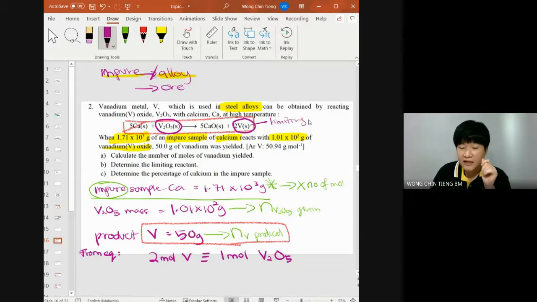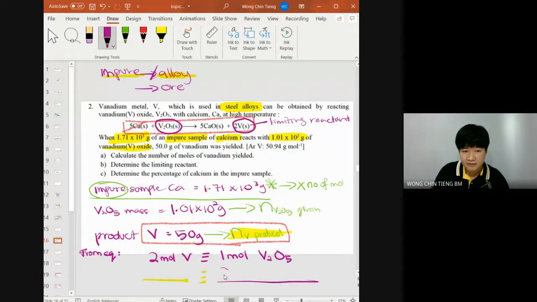Dengan kata lain, kalau saya dah ada produk banyak mana, kamu sebenarnya ada limiting reactant kamu banyak mana. Betul? So, we are going to use the vanadium that you have. Find the number of mole, and then compare to find the mole of vanadium oxide needed.